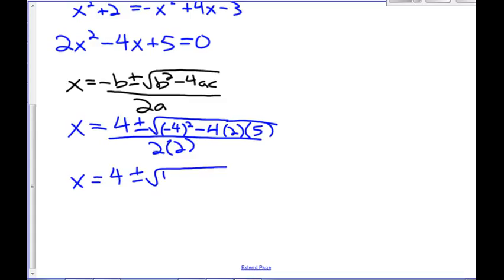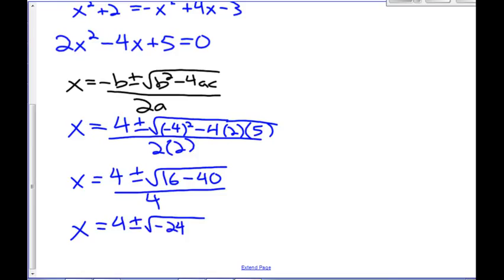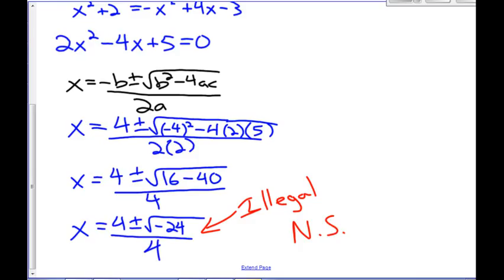Okay, this is 16 minus 40 all over 4, or plus or minus the square root of negative 24 over 4. Right here, we'd say, oh dear, you can't take the square root of negative 24. This is an illegal operation. No solution. Okay, there are no points of intersection.